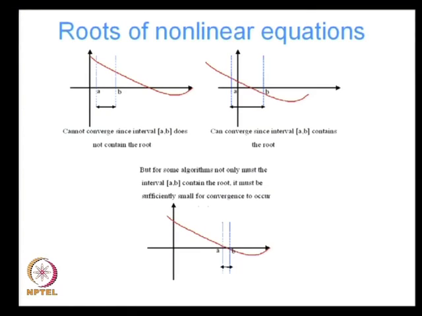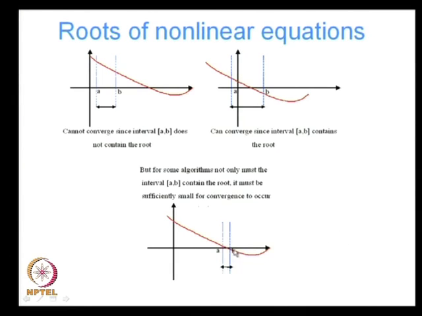And the problem is that most good iteration methods, meaning methods which converge fast to the root and have fast rates of convergence, need a small initial interval. That means they converge faster near the root, but far away from the root they do not perform well, they converge slowly.